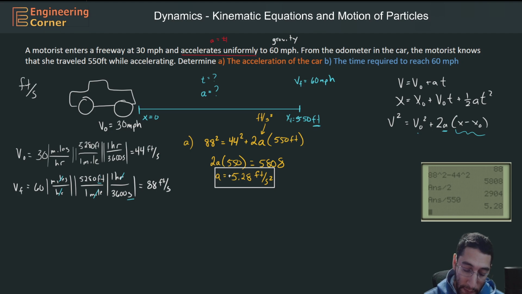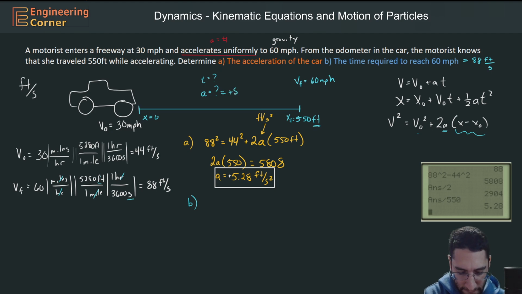So finally, we want to do B. And with B, we want to figure out the time required to reach 60 miles per hour. And we know now that 60 miles per hour is 88 feet per second. Okay, so now we know what our acceleration is. It's not a question mark anymore.